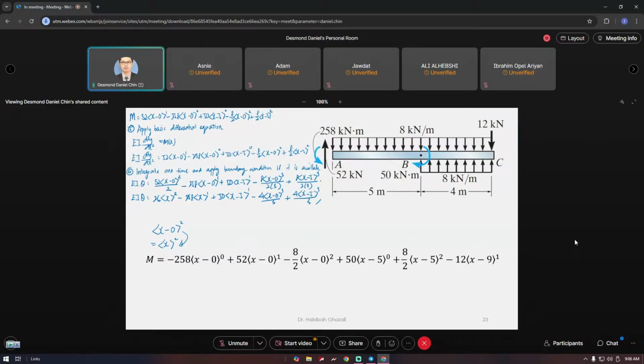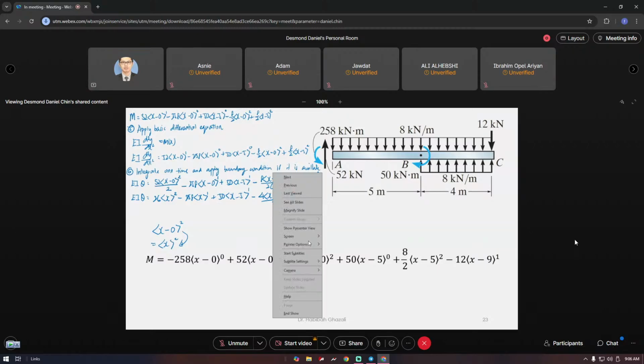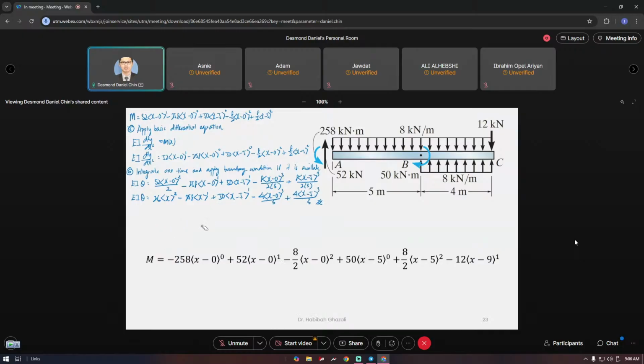This is my slope equation. But we haven't completed it yet, right? Because we have to apply C1, remember? Because you integrate, right? So you have to add plus C1. And then you have to apply the boundary condition if it is available. So in this case, do you have a boundary condition for this question?